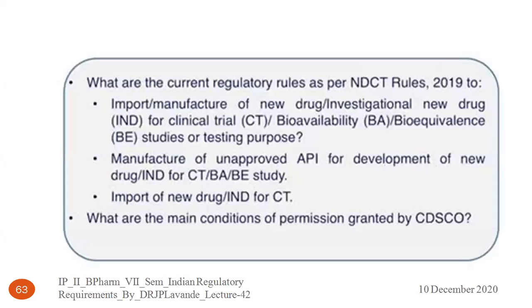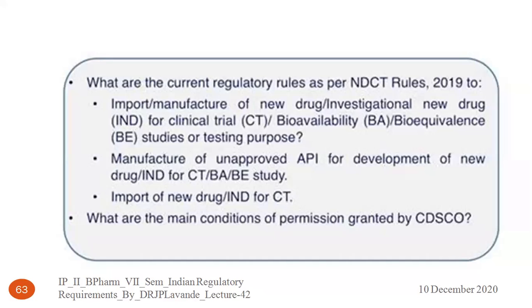Now, today we will see the different regulatory requirements as per the NDCT Act, the NDCT Rules 2019, in order to manufacture a new drug or investigational new drug for performing clinical trials, bioavailability and bioequivalence studies, or different processes like testing.